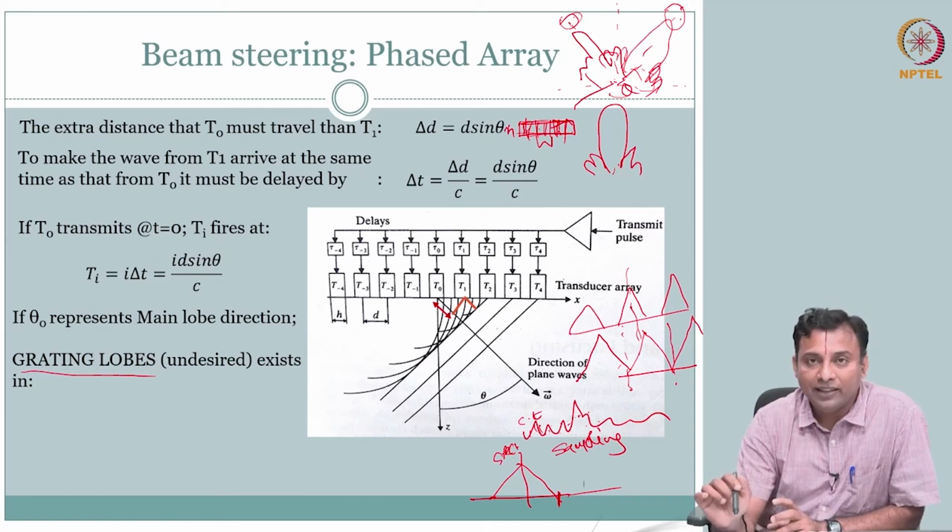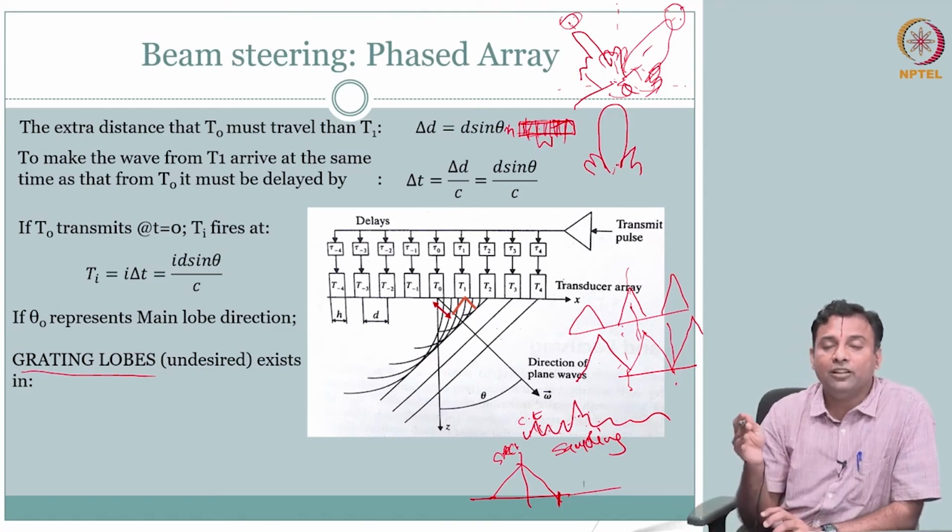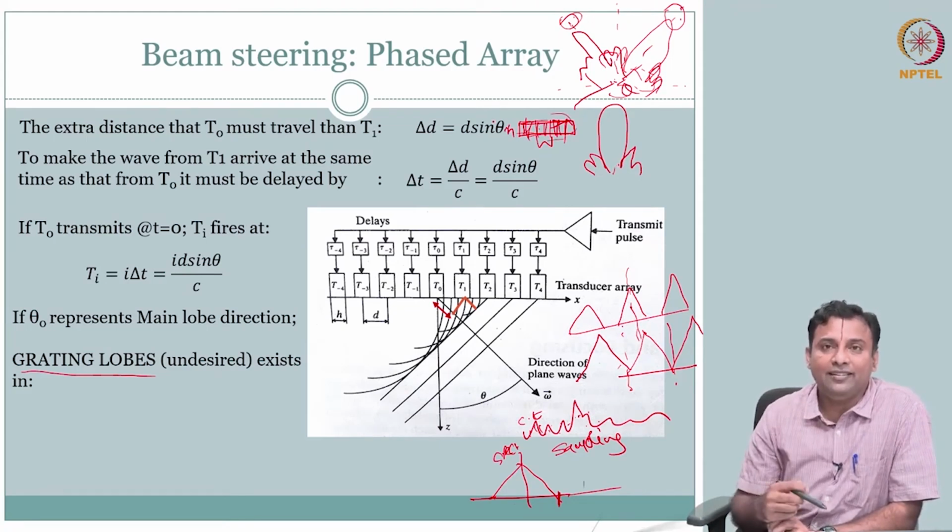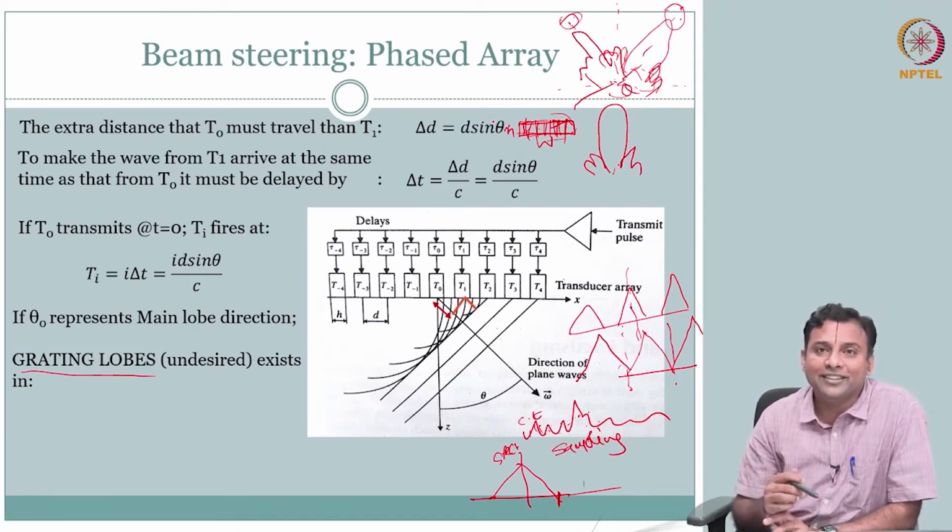Oh, if that is the case, I would expect to have copies of my Fourier transform. Remember the far field of the beam pattern that we talked about, the far field was the Fourier transform of your aperture. So now if I sample my aperture, what should I get in my beam pattern? Copies, right.